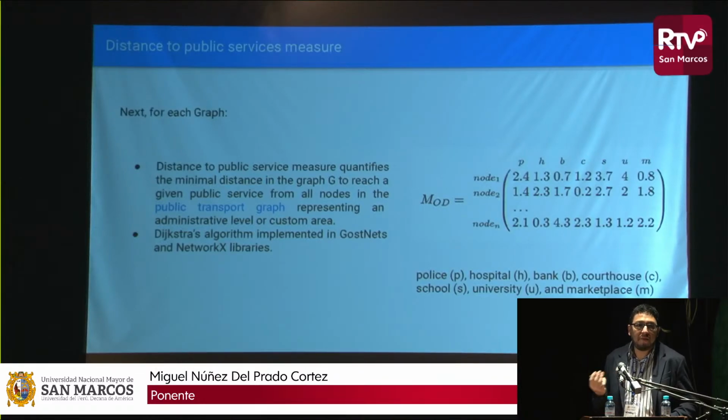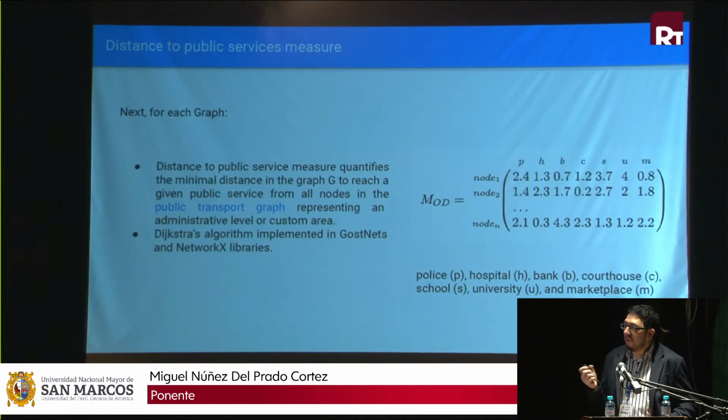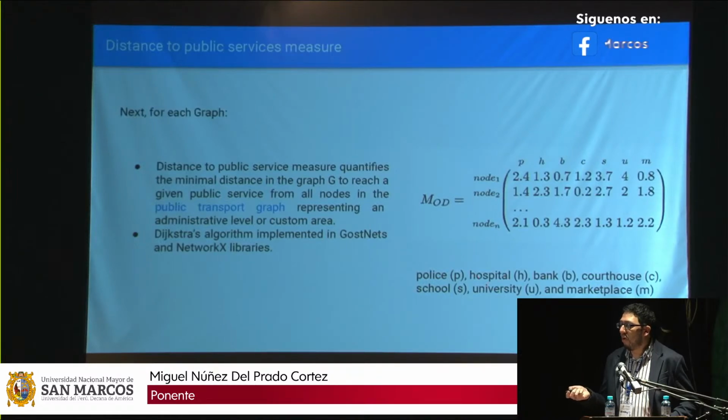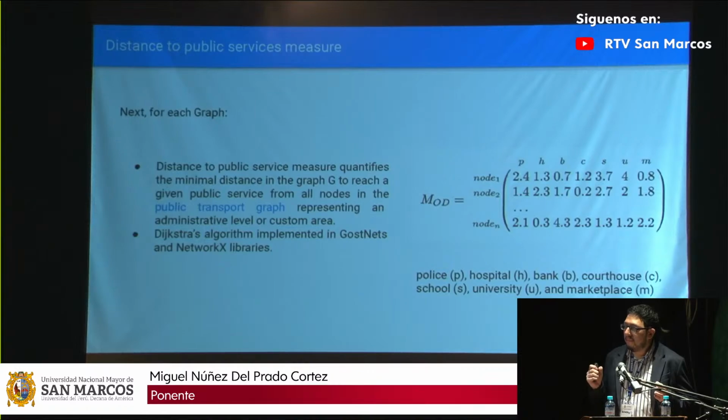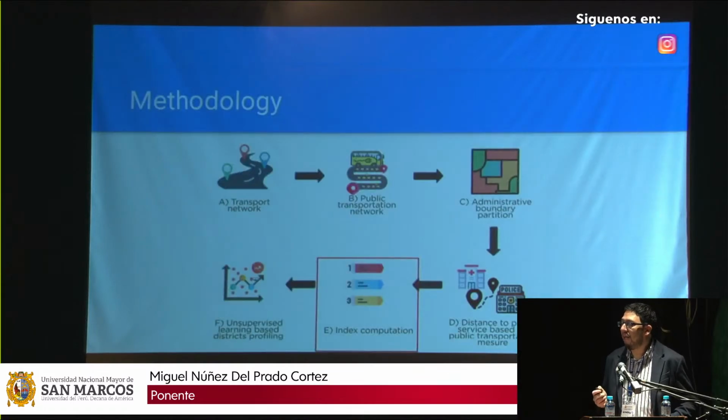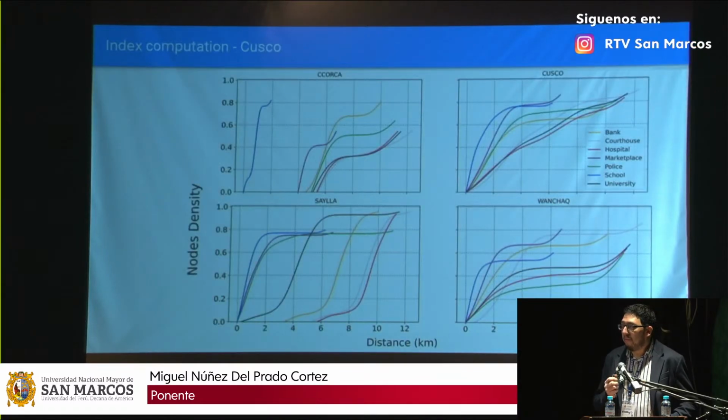And at the end, we have an origin-destination matrix, like this one, where you have the nodes in the rows, and in columns you have the different amenities like police station, hospitals, bank, courthouses, schools, universities, marketplaces, etc. So with this OD matrix, we are able to perform the profiling and compute the index for the accessibility.